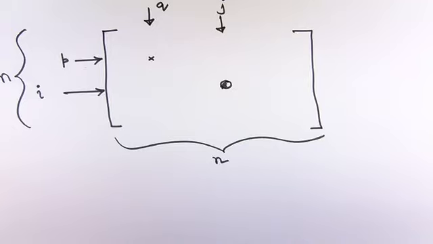And it is if and only if. Looked at differently, if I know that this element is smaller than this element, then I know i is less than p and j is less than q.